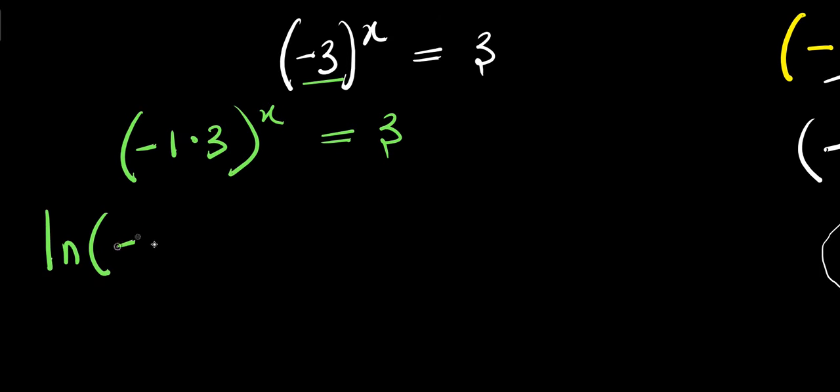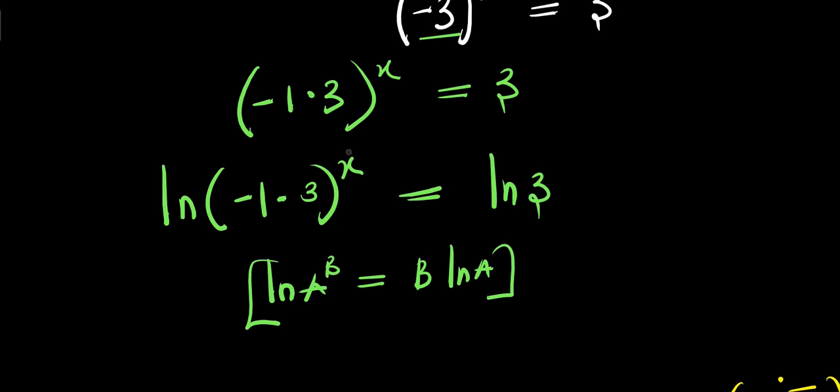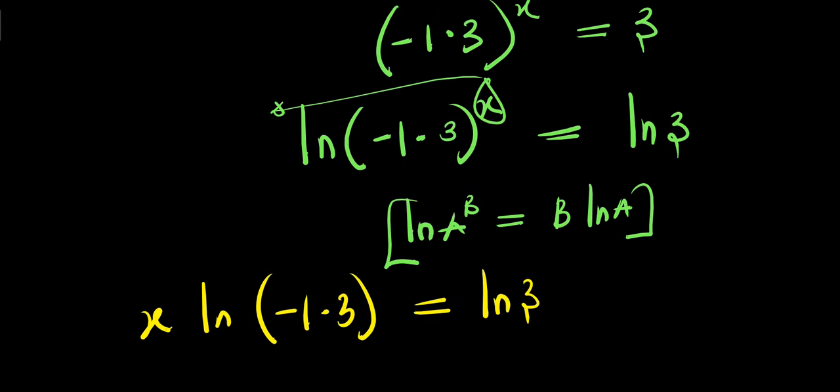We have natural log of (-1 times 3)^x equals natural log of 3. Now remember, if you have natural log of a^b, this equals b times natural log of a. So the x here comes behind this. That means we are simply going to have x times natural log of (-1 times 3) equals natural log of 3.